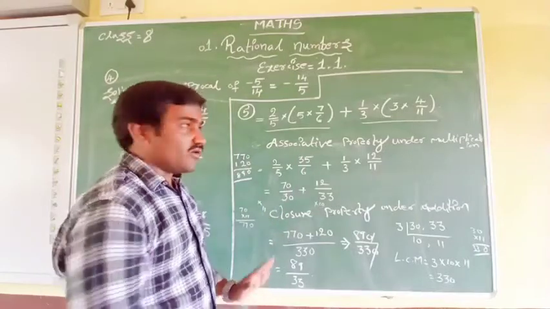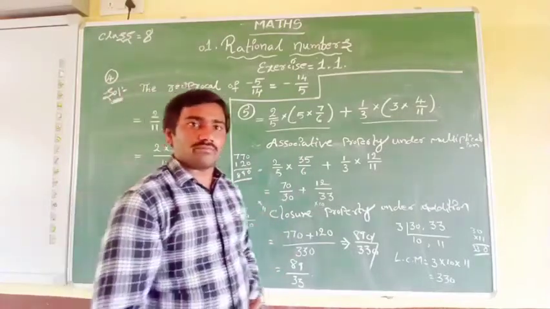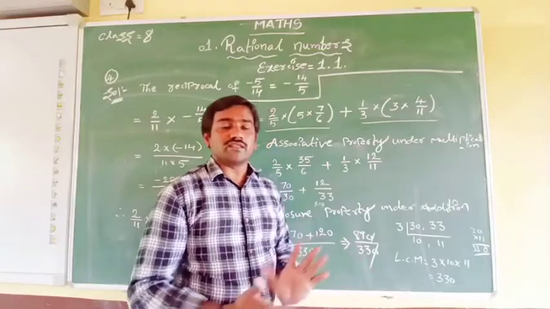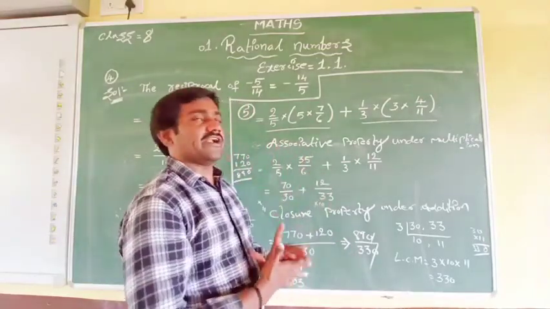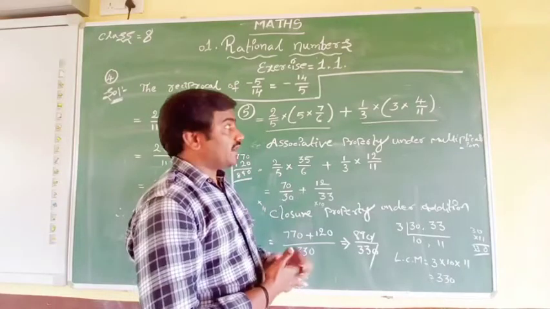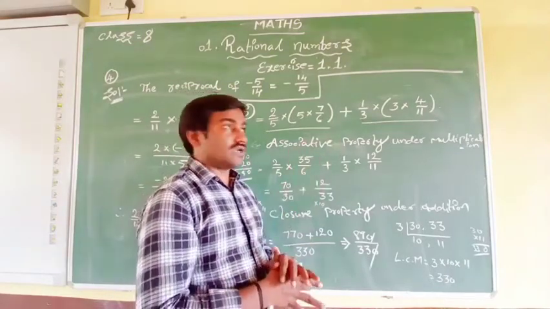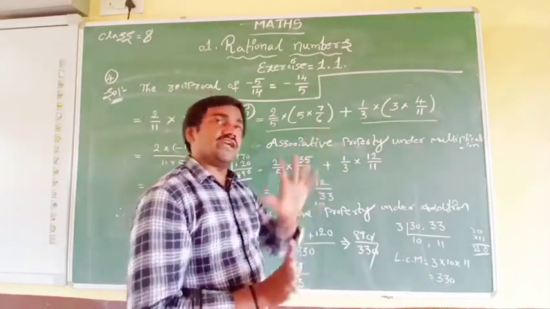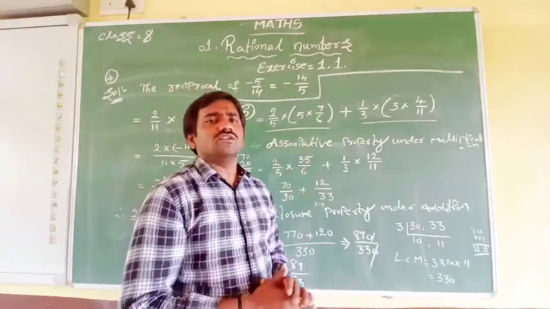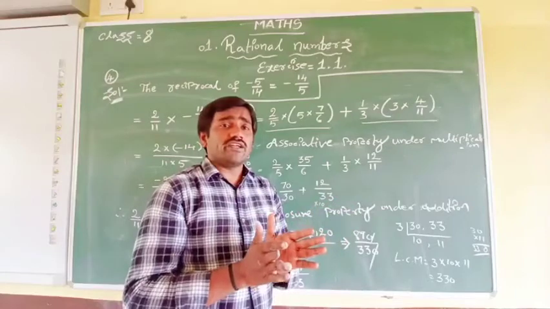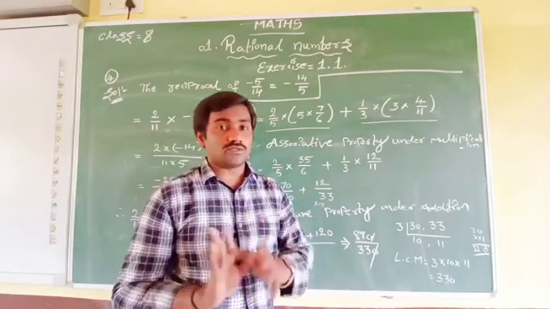It doesn't mean that only in this way we have to do the problem. You can also do it in many methods. As I told you, many properties are involved in this. Associative property under multiplication. Multiplicative inverse is also there. Multiplicative identity is also there. And closure property under addition is also there. There are variant methods. Everybody has their own method to solve the problems.